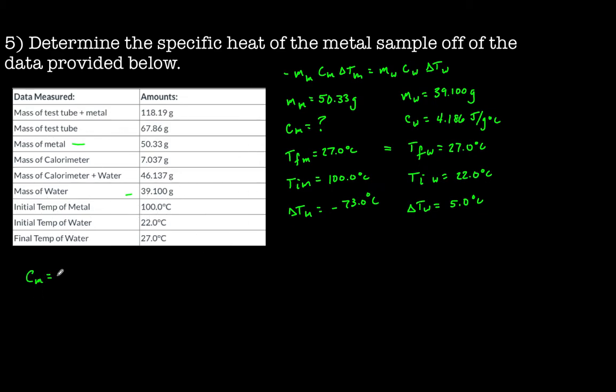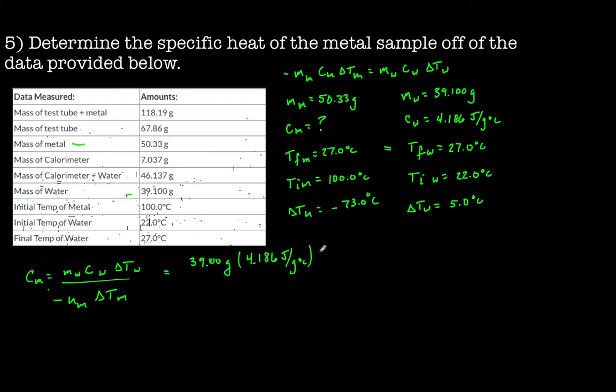Again, every single calorimetry is going to use the exact same rearranged equation as well, just because we're always solving for the exact same thing. So there's no guesswork. We know our rearranged equation. I'm going to then plug in my mass of water is 39.100 grams multiplied by specific heat capacity of water, 4.186 joules per gram degrees Celsius, multiplied by my change in temperature of water, 5.0 degrees Celsius, divided by my whole value, negative mass of metal.